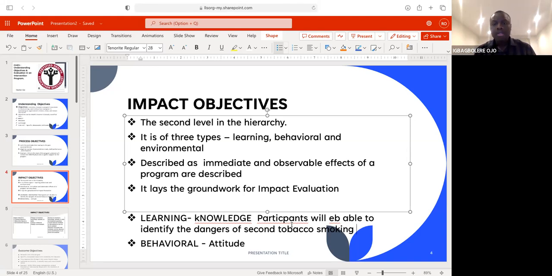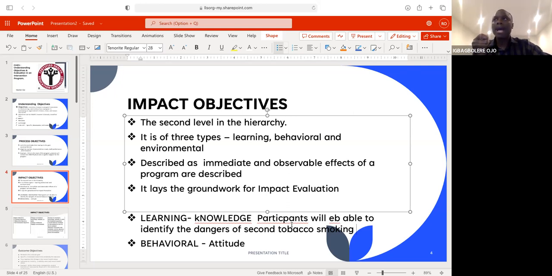So the second type of impact objective is behavioral. So when we say behavioral, it means a change in character, a change in the things you do. Now, there is an important question that has been asked in CHES over the years, and that question is this: people who learn the most, how is it done?